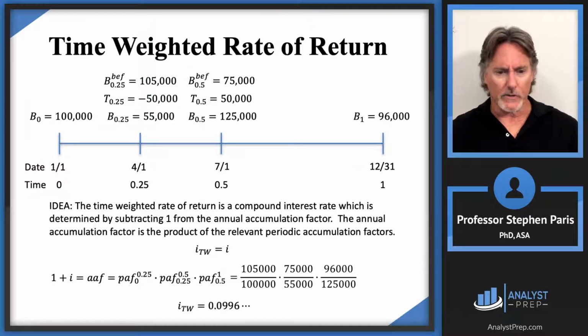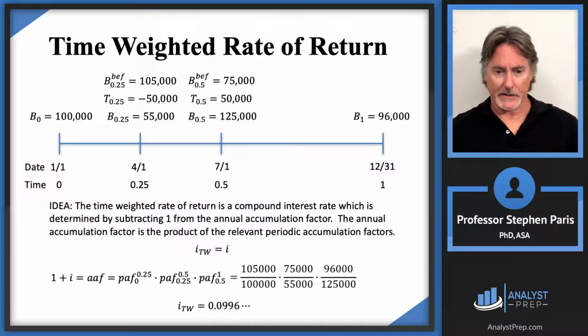Well, look, the time weighted rate of return is taking into account the actual asset performance between transactions. For instance, look at the time period from April 1st to July 1st, from time 0.25 to time 0.5.